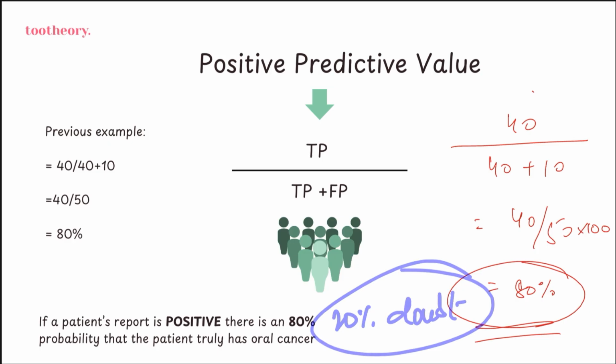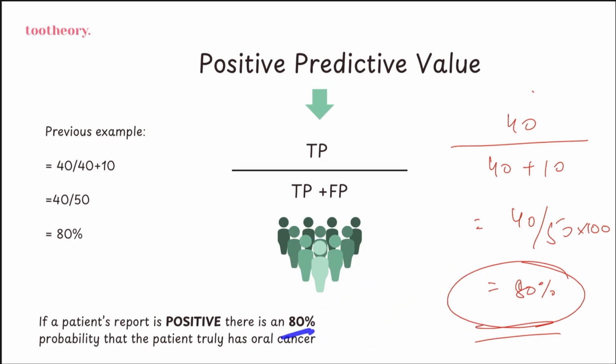So this is telling us what is the probability that the patient is positive if a test tells us he is positive, right? That is something you need to understand: first the test result is known to us, and then we see if the patient is diseased. And that is exactly what positive predictive value and negative predictive value is.